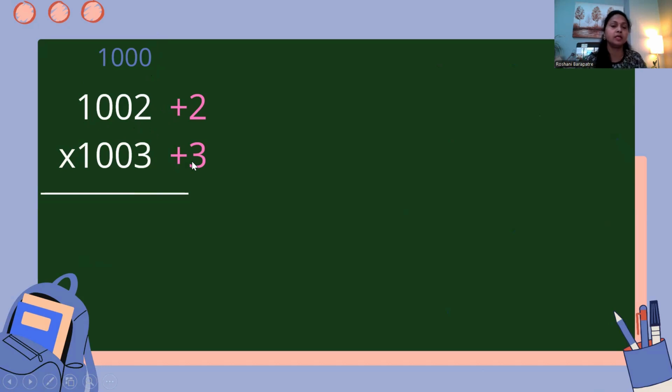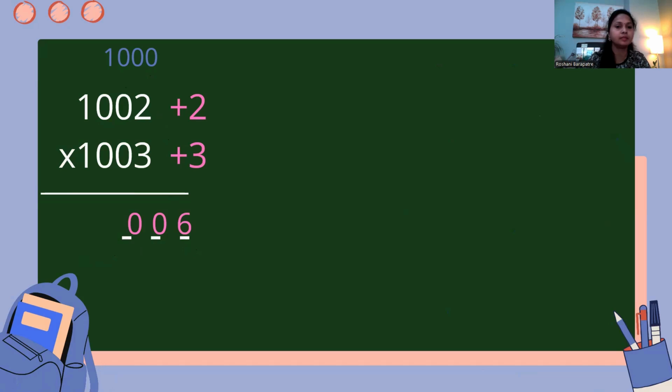In previous examples, we have seen that the numbers were below the base, so we subtracted the difference. Now here we will add the difference. Next step is the number of digit places on the right hand side of the answer.